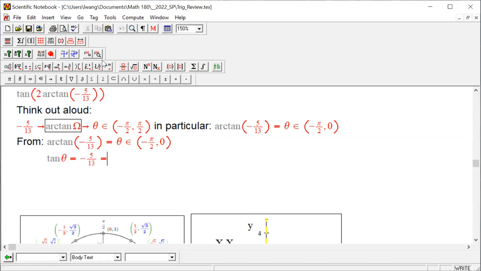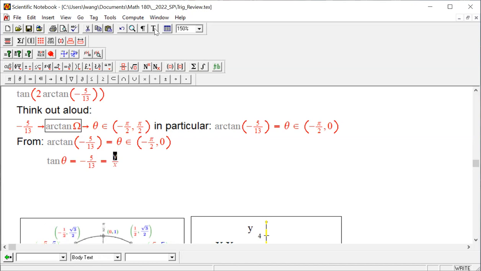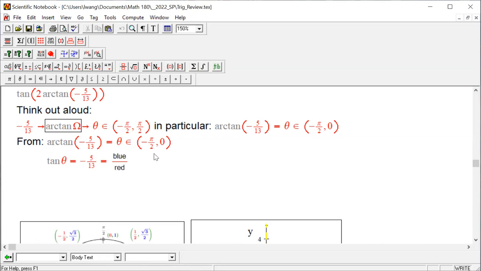And what does that tell us? The angle is in the fourth quadrant, and by definition tangent is y/x, or blue over red.